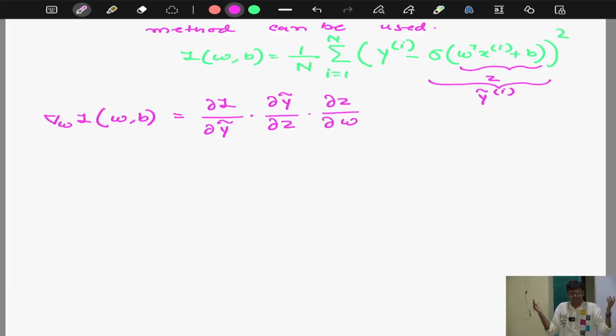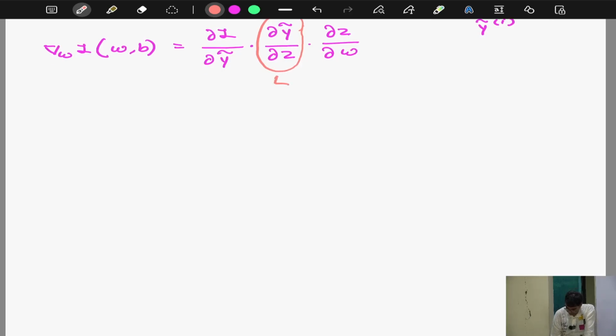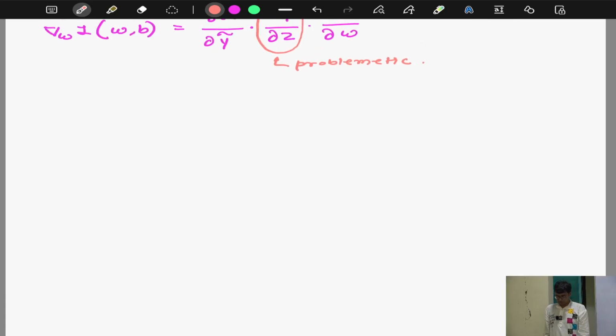So the first and third terms are okay. The second one is the problematic term. So not everything is good.